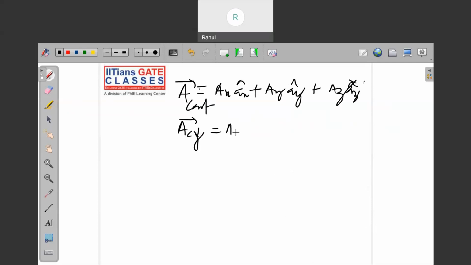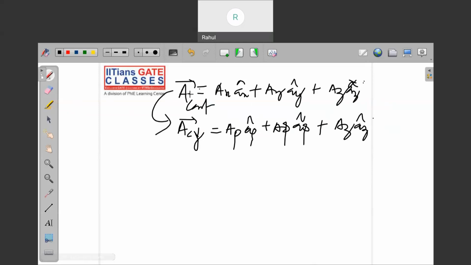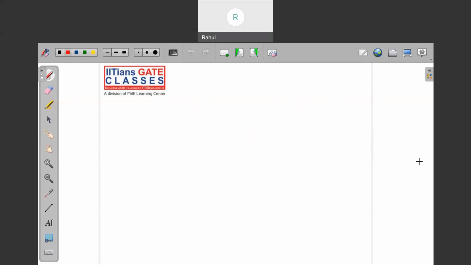So here A rho a_rho cap, A phi a_phi cap, Az a_z cap, right? So this conversion, how you can go from Cartesian to cylinder and cylinder to Cartesian, that's what I'm going to talk about now. Please keep this in mind, one matrix. In the IES subjective also, questions are asked from this topic.